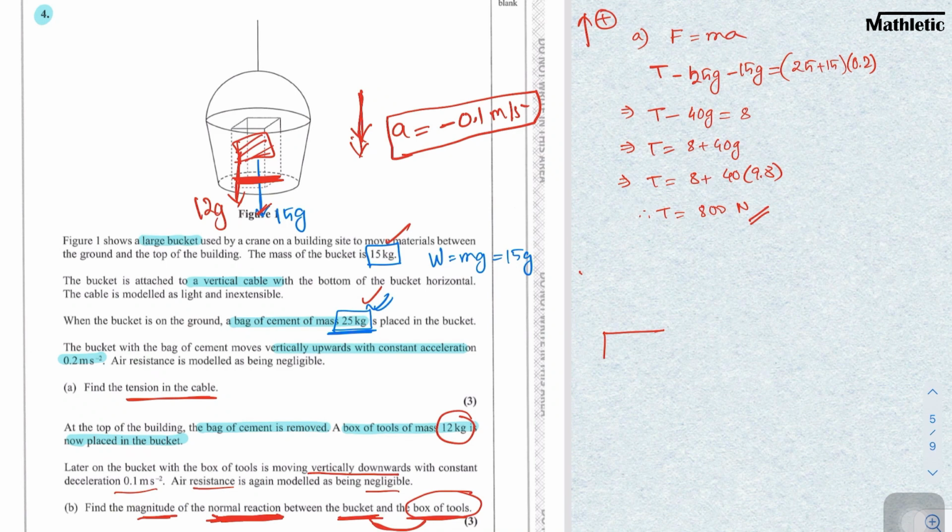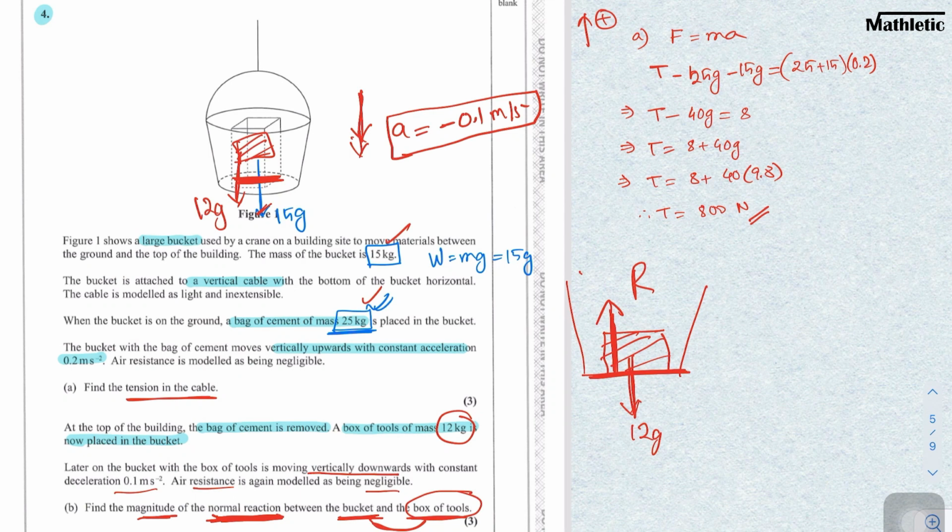For the box of tools, we have a weight of 12g, and since they have contact with the bottom of the bucket, there will be a reaction force R.